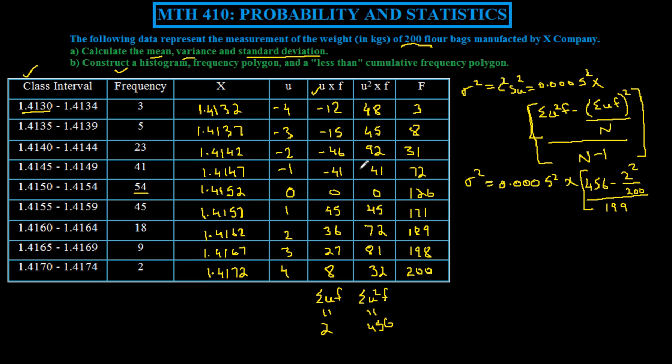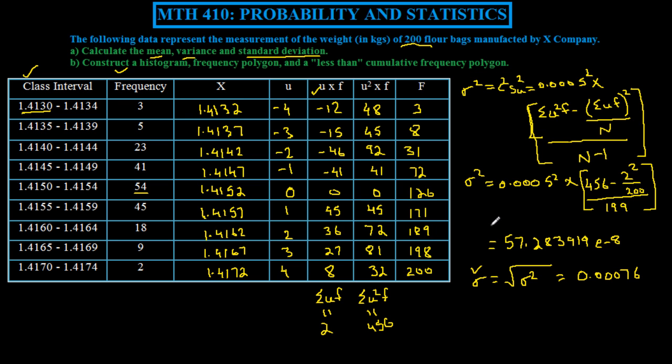N is our number of flour bags, which is 200. This is equal to 57.28 3919 times 10 to the power of minus 8, or you can write e minus 8. Therefore, our standard deviation is the square root of the variance, which is 0.00076. So we got our variance, and this is our standard deviation.